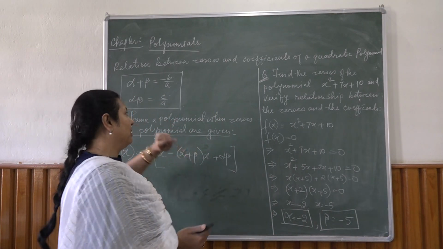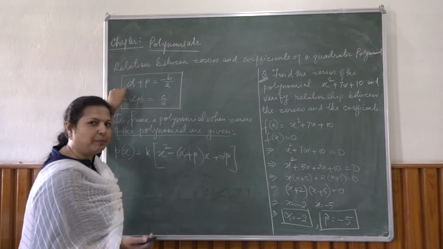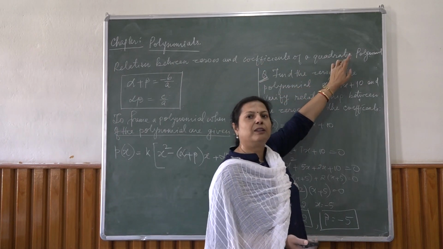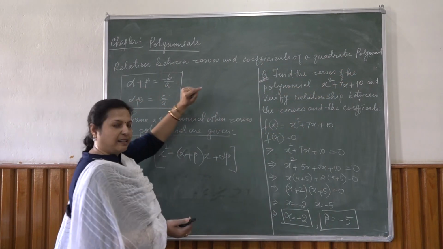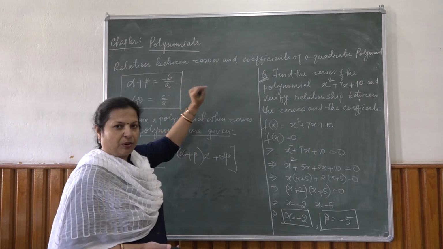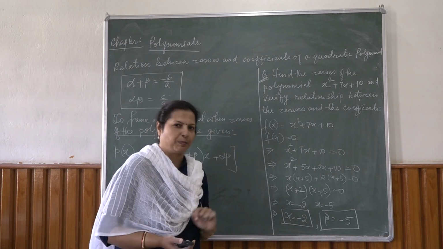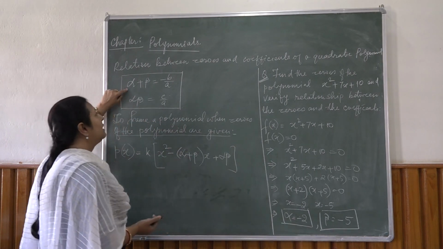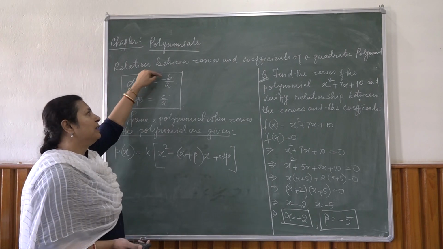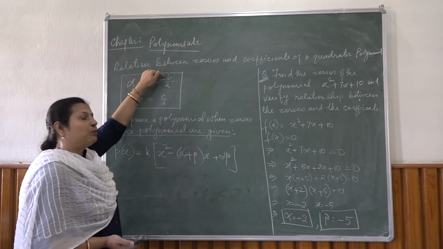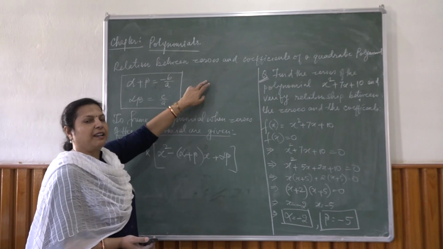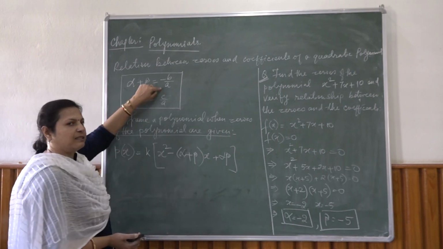Now just for recall, check this formula which we did in the previous video, that is, the relation between zeros and coefficients of a quadratic polynomial. If alpha and beta are the zeros of any quadratic polynomial of the form ax square plus bx plus c, then alpha plus beta, the sum of the zeros, is equal to negative b by a, where b was the coefficient of x and a was the coefficient of the highest power of the variable, that is x square.